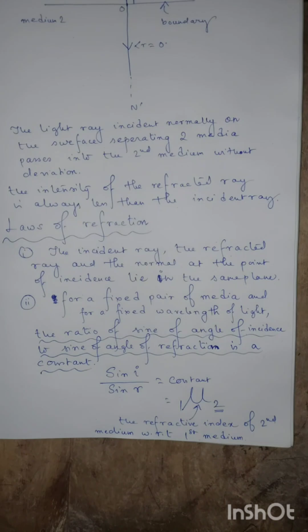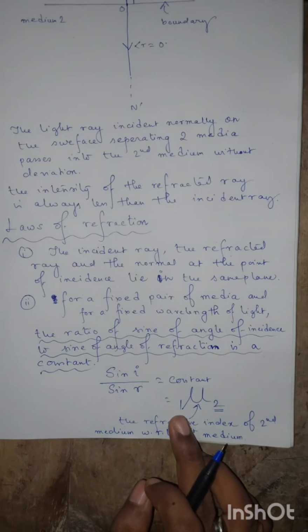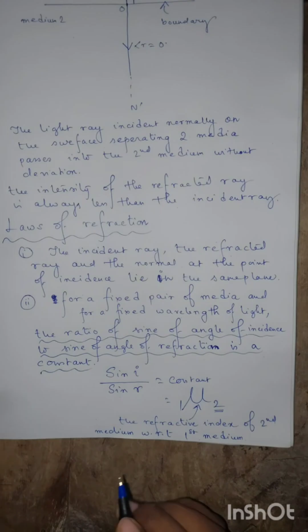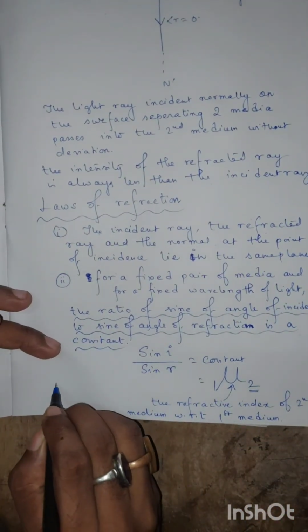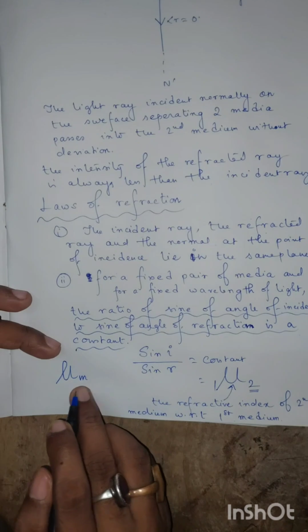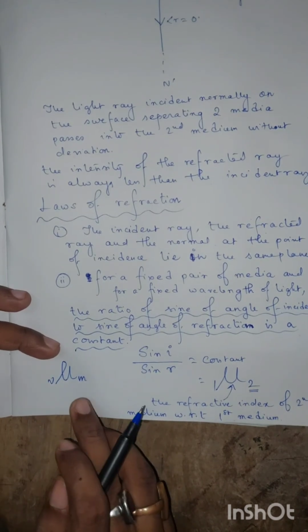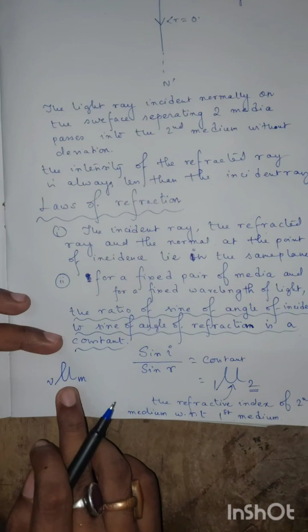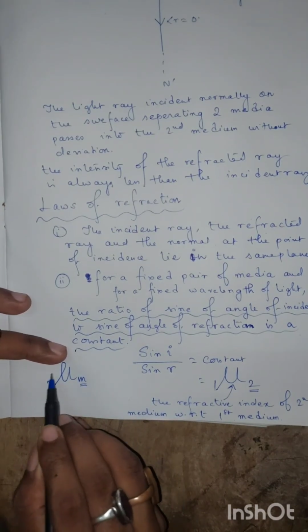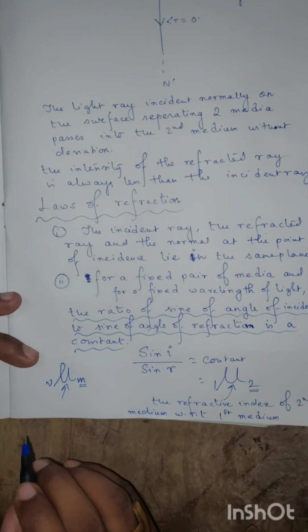Now, if the first medium is vacuum, okay, we can say mu m, any medium with respect to vacuum. Okay, so the refractive index of any medium with respect to vacuum is called absolute refractive index.